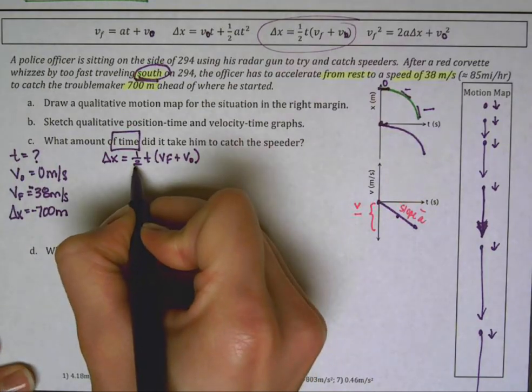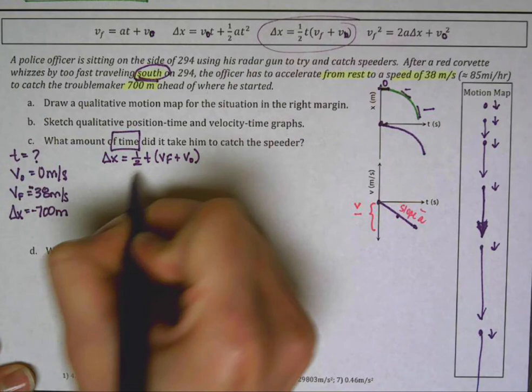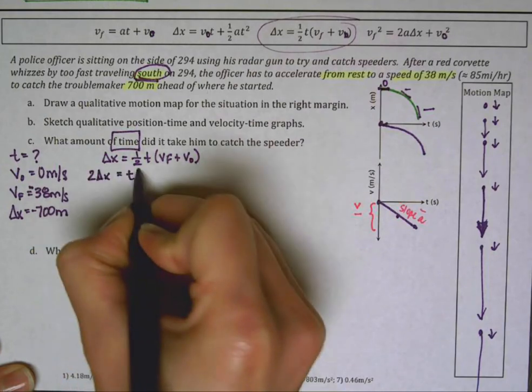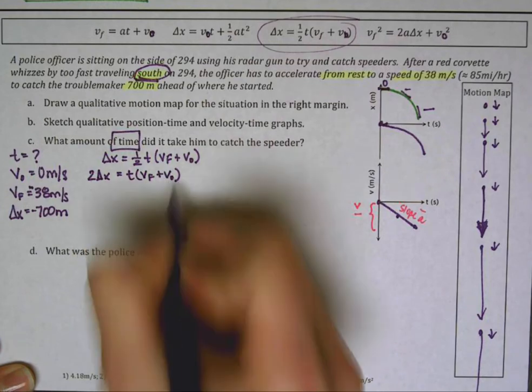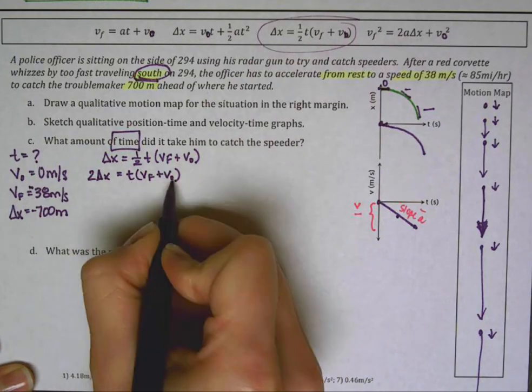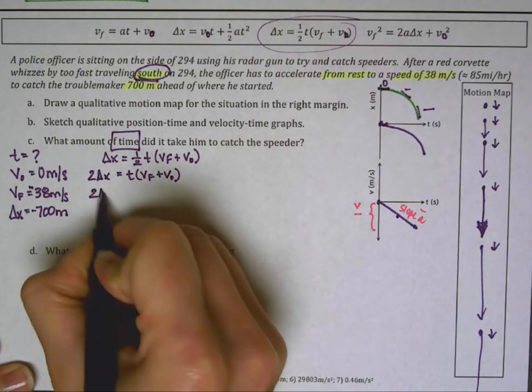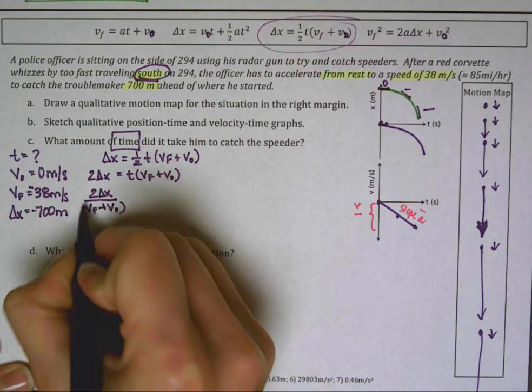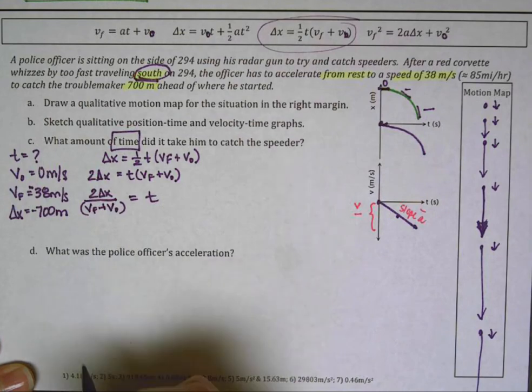I would divide by 1/2, or that's kind of like multiply by 2, so 2 times delta x equals t times vf plus v naught. Divide both sides by vf plus v naught, so 2 delta x divided by vf plus v naught equals t.